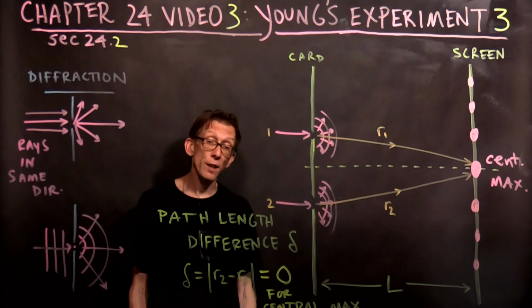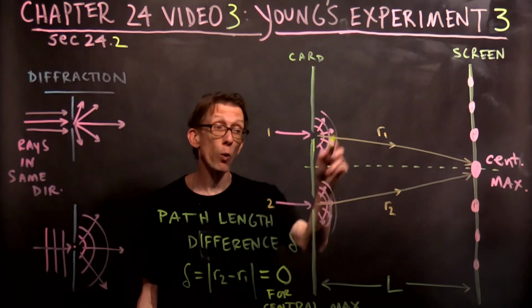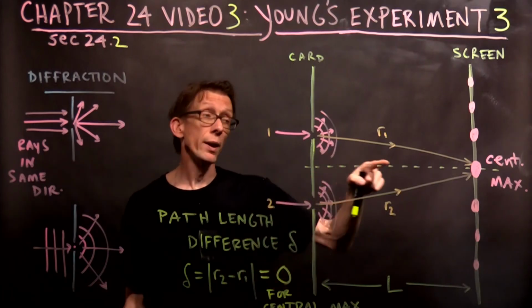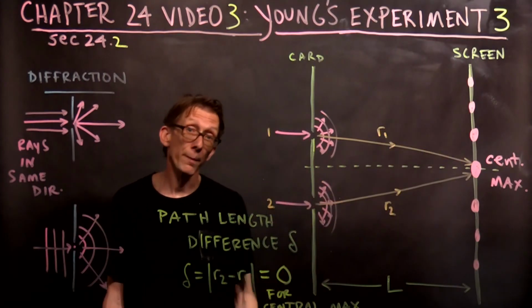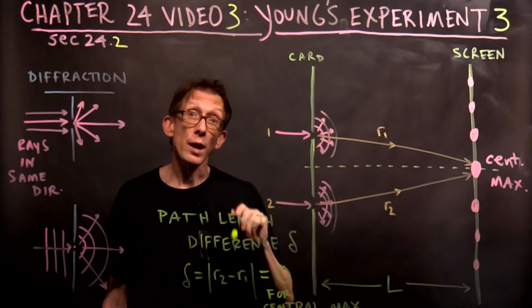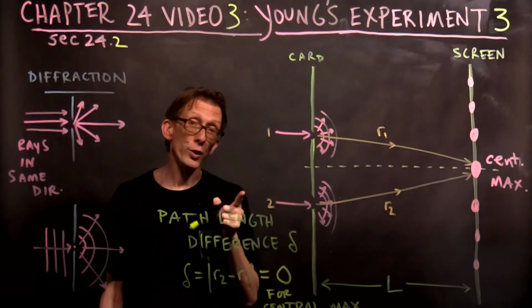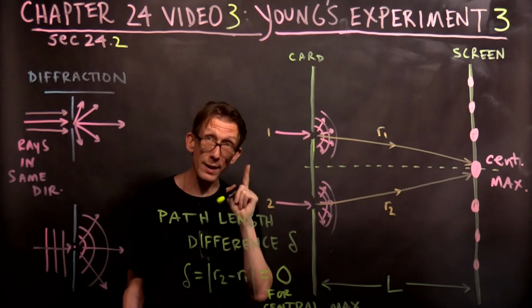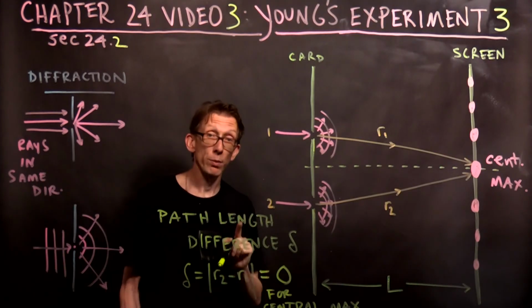Path length difference was 0 for that because R1 and R2 are equal. Next up, I'm going to draw the same diagram, but we're going to pick a point not at the central part, not at the central maximum. We're going to pick a point up here, say, and talk about how R1 and R2 are different and what difference that makes, why that's important for Young's double slit experiment.